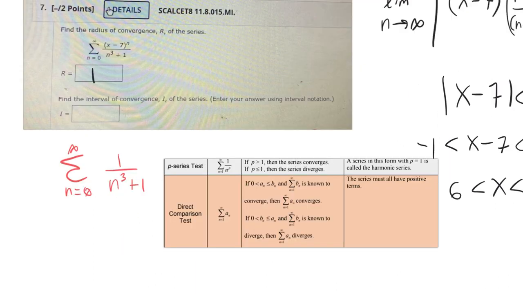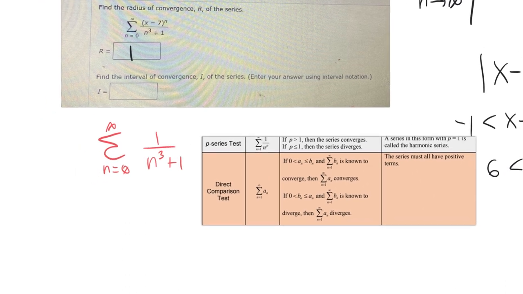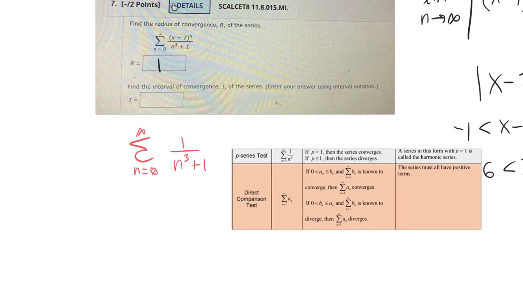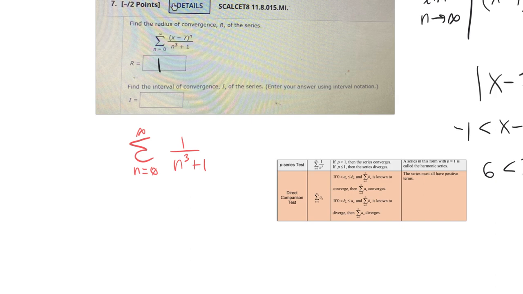So for this one, we could use the direct comparison test, and we could find another a sub n that is sort of comparable to the one that we have. For example, we could consider something comparable that looks like this.